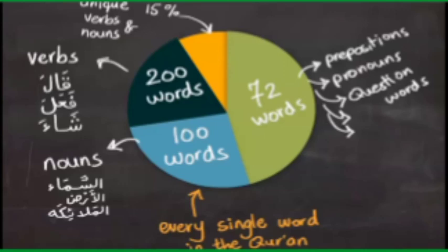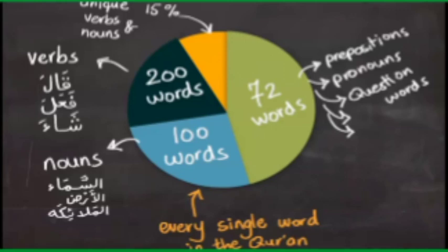Al-ardu can be al-ardu or al-arda or al-ardi, right? Al-mala'ikatu can be al-mala'ikata or al-mala'ikati, but the word in itself does not change. So that is also an easy task to perform. Inshallah, when we finish these 72 words, we'll be going to the blue list, that is 100 words, and they are all nouns. The third part is the black one.